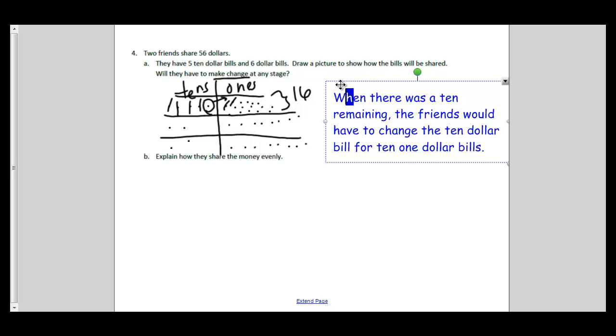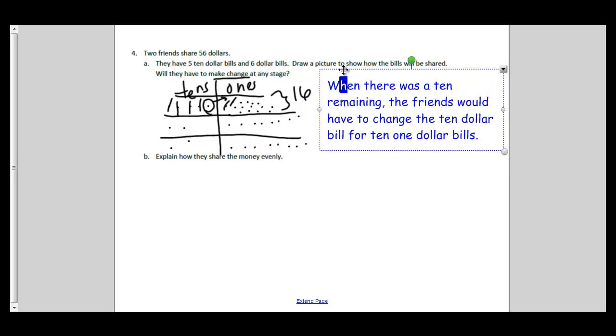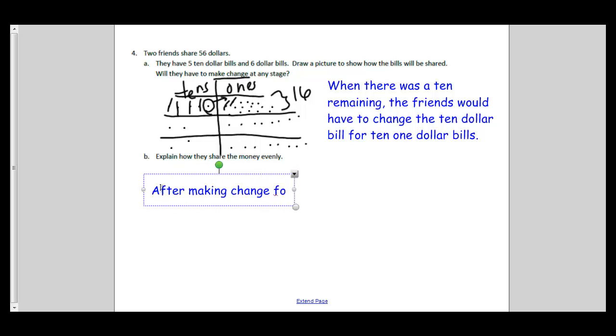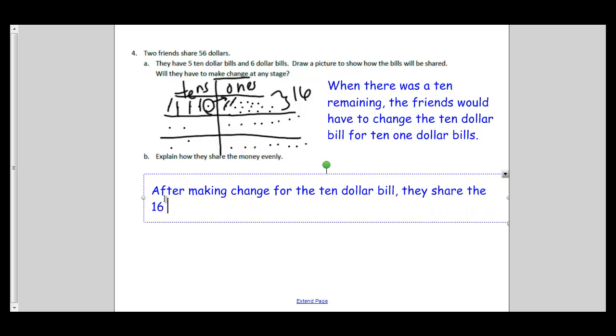Okay? All right, now it says explain how they share the money evenly. Okay? So I will say after making change for the $10 bill, they share the 16 $1 bills evenly.